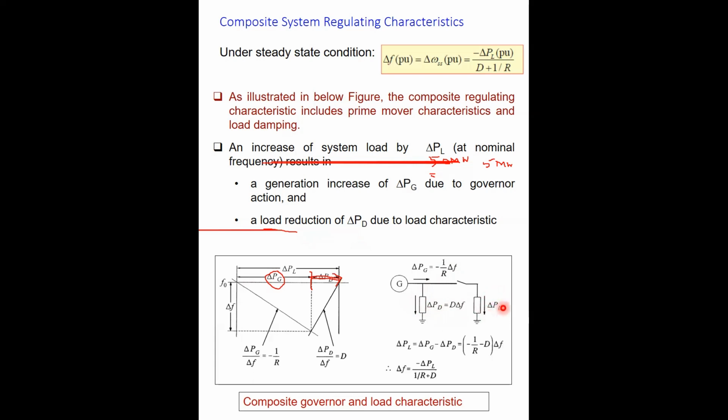This total load is actually delta PG minus delta PD, how much change you have here. So delta PG is minus 1 by R delta F here, and delta PD is D delta F here. And now the delta F will be given by this relationship here.